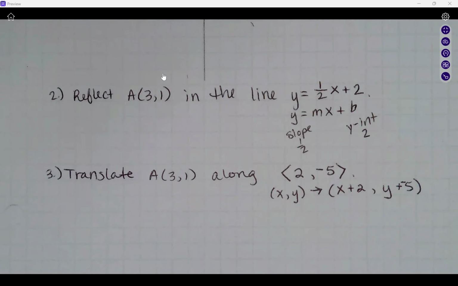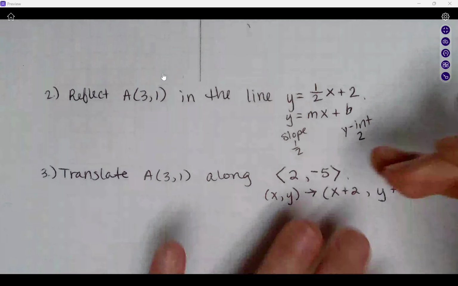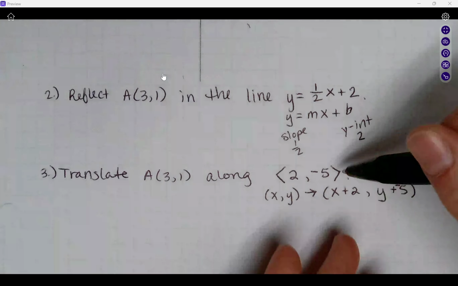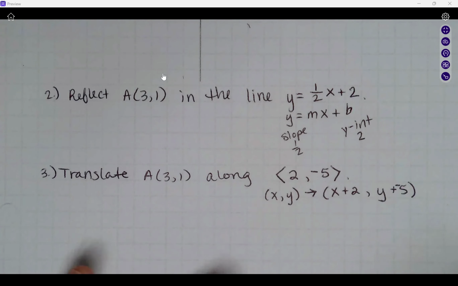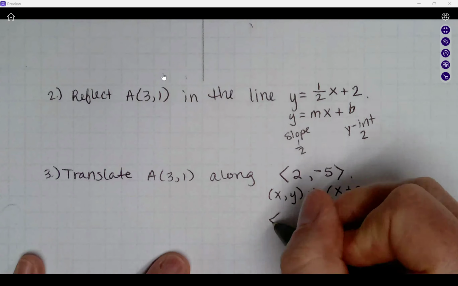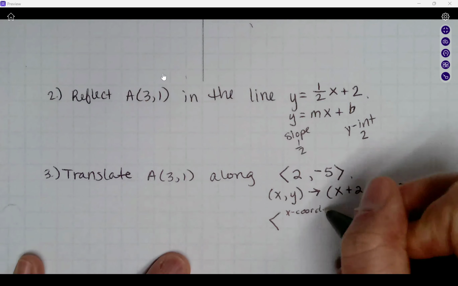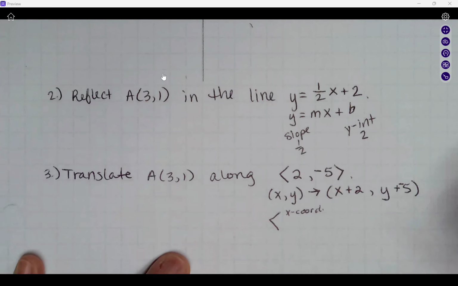Okay, but I am going to use vector notation. So we're going to translate A along the vector 2, -5, and I want you to understand what the vector is telling us. For the x-coordinate of the vector, it's going to tell us our left or right shift.